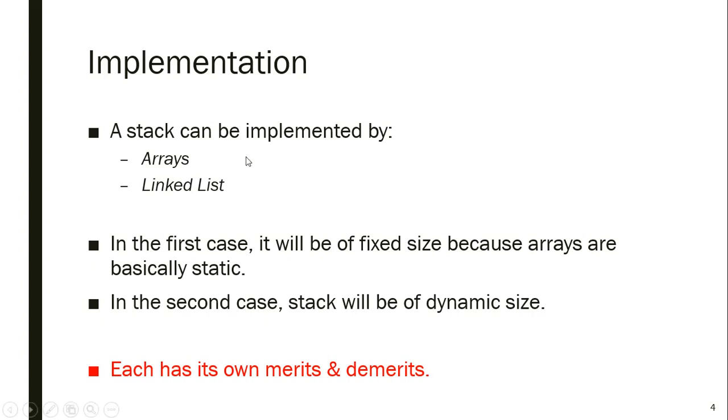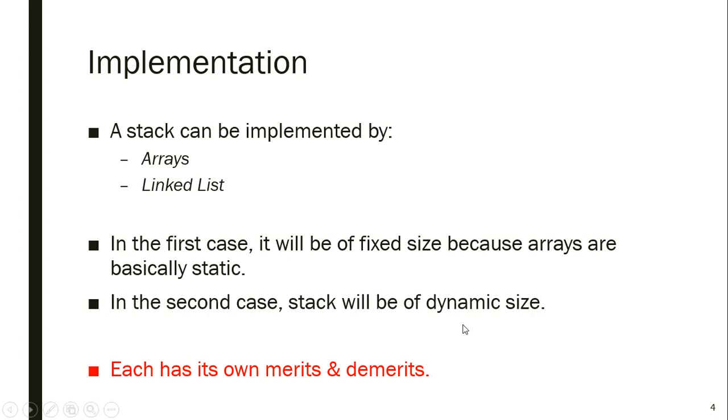Now here we will implement a stack by using first an array and then a linked list. In the first case it will be of a fixed size because arrays are basically static. In the second case, stack will grow or shrink, meaning its size will be dynamic. But one thing must be kept in mind, that even this dynamic stack will have an upper limit.